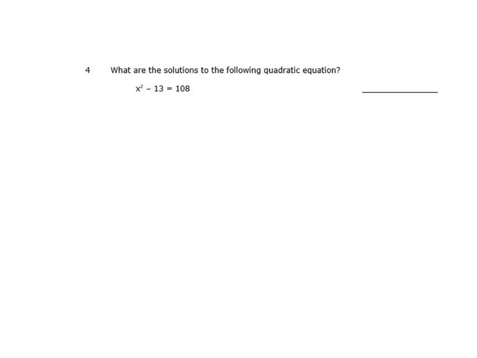Question 4, we're asking to identify the solutions of the quadratic. So we're solving for x. If you minus your 108 from both sides, this is going to leave you with x squared minus 121, and that's it, equal to 0.